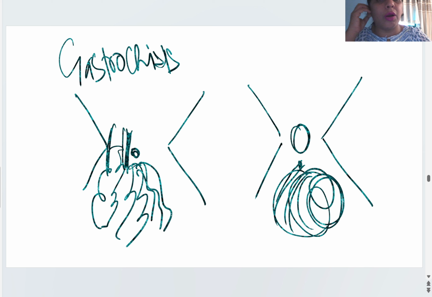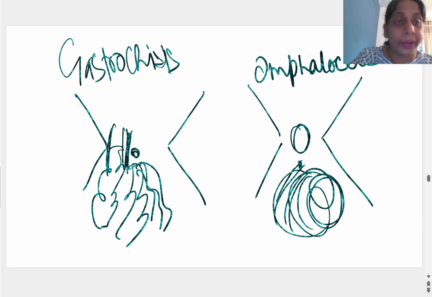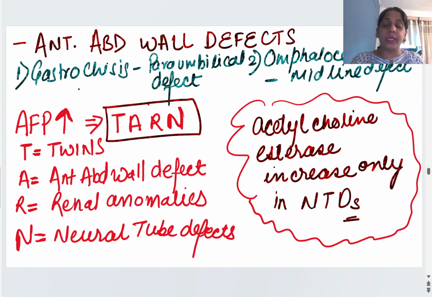In the omphalocele, whatever contents come out of the hernia are covered by peritoneum. Here in gastroschisis they are not covered by peritoneum, so I have tried to show you the intestine. Here again, in both the cases, the treatment is termination.